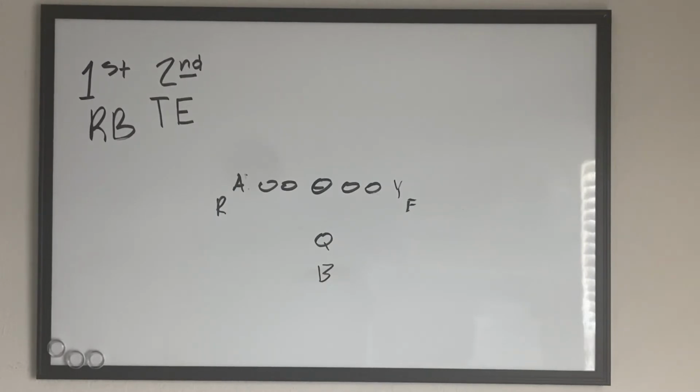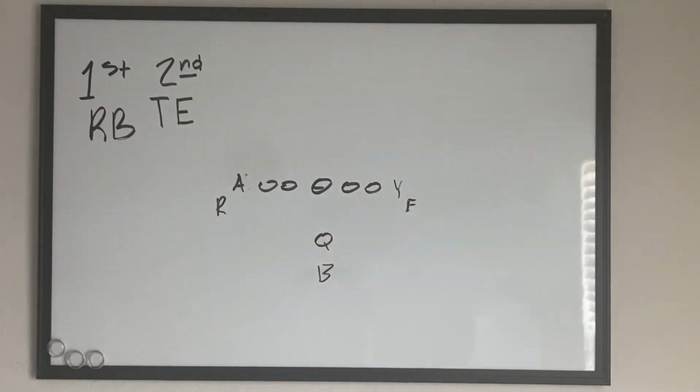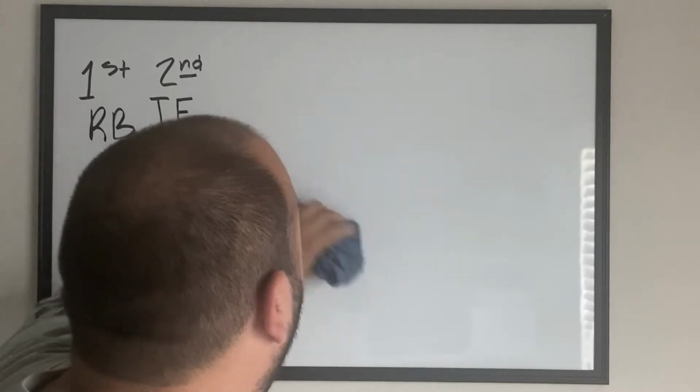Same thing. You can be extremely multiple. You can decide who you want to call the numbers to. This will just allow you to be just as multiple as you can without having to use numbers all the time. You can tag it. So these are going to be the formation tags. So this is when I'm in a base formation.